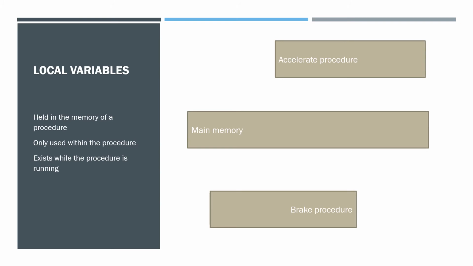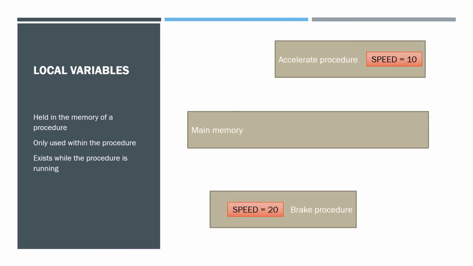So first of all, let's think about what local variables are. Here's a block diagram showing what's happening inside the memory of a computer while it's running a car sim program. In this example, speed is stored as a variable in the accelerate procedure and as a variable inside the brake procedure.